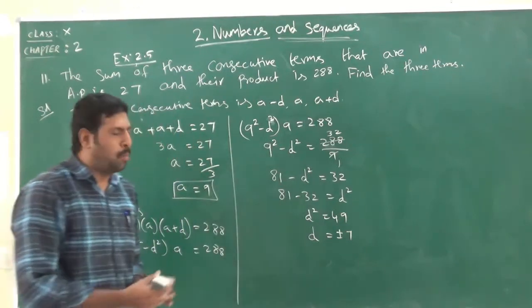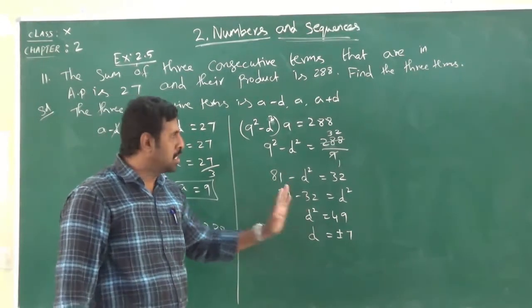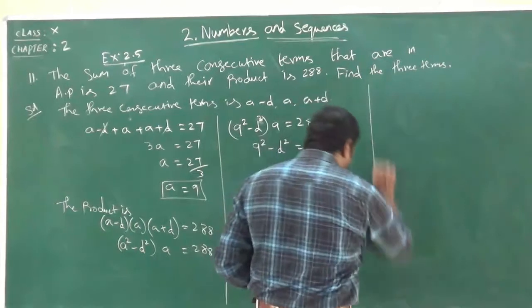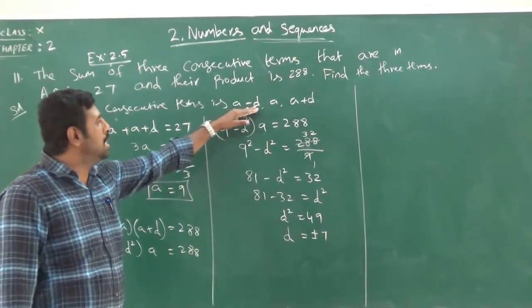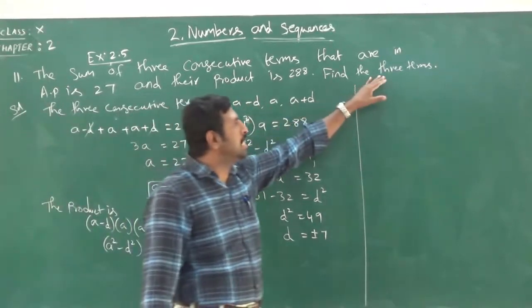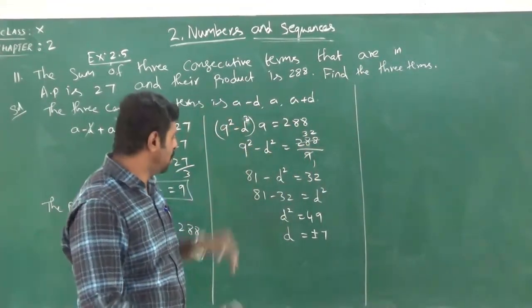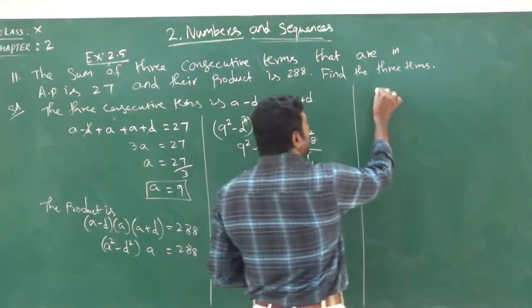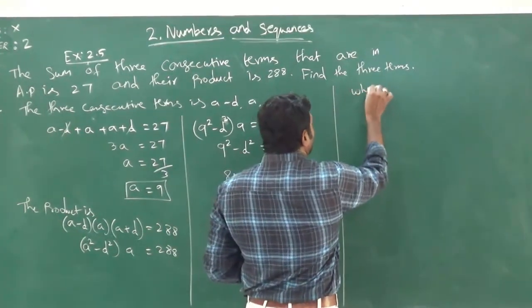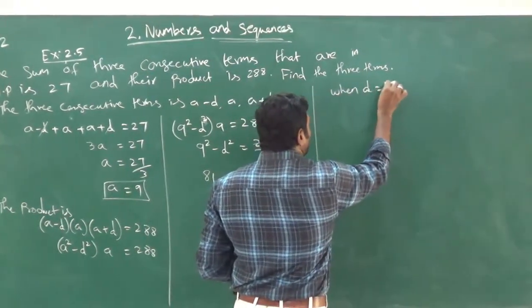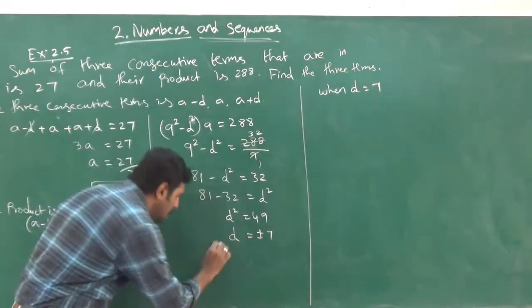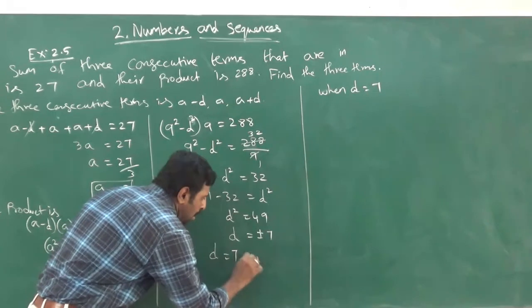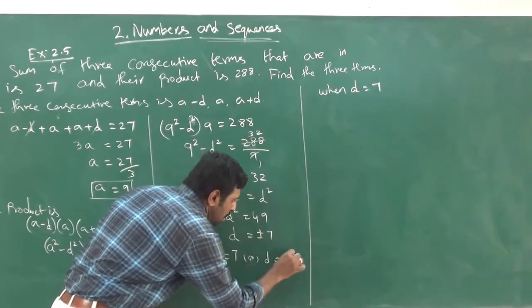Here we have both the plus value and the minus value. Now we want to find a minus d, a, a plus d. We have to find the three terms of the consecutive terms, right? Here d is equal to 7, but we have both the plus value and the minus value, right? d is equal to 7 or d is equal to minus 7.